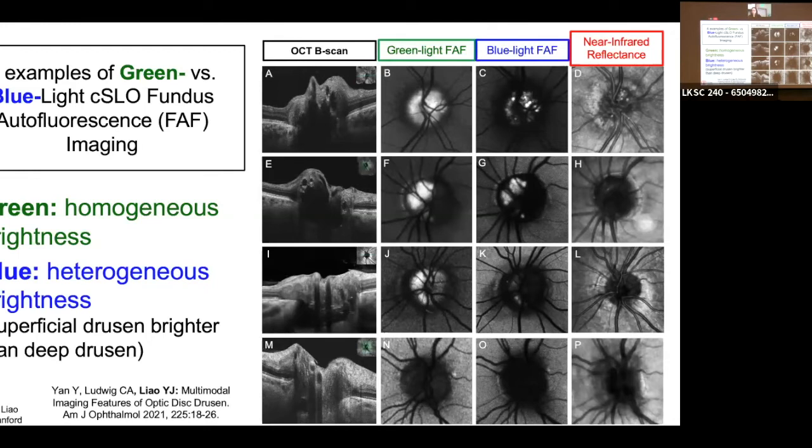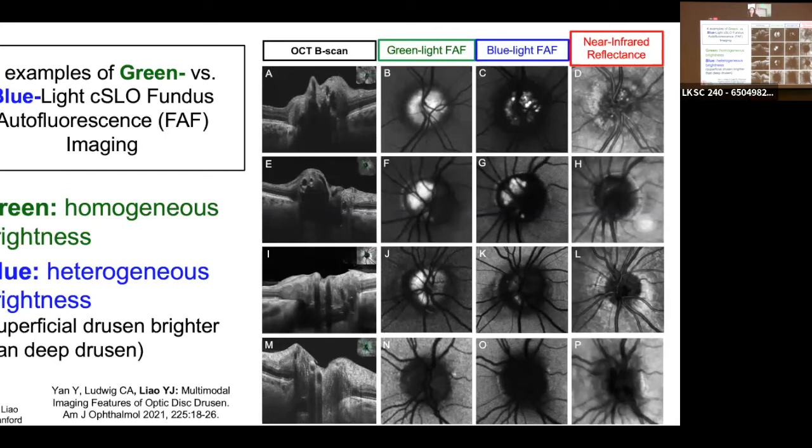The second and the third row, you could see a bit, instead of a uniform hyper autofluorescence on the green light second column, you see that there's more drusen deposit in the superior nasal portion of the nerve. And the difference between the second column and the third column tells you roughly how much of that is superficial versus deep.